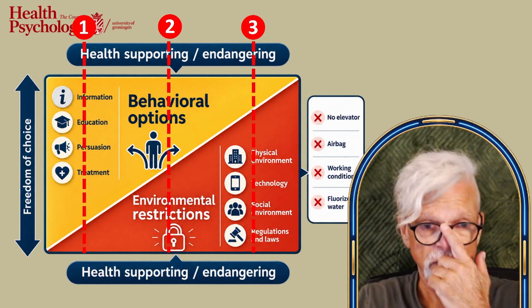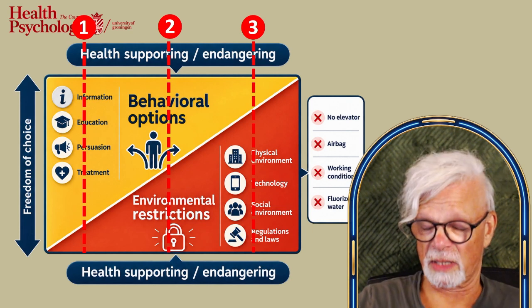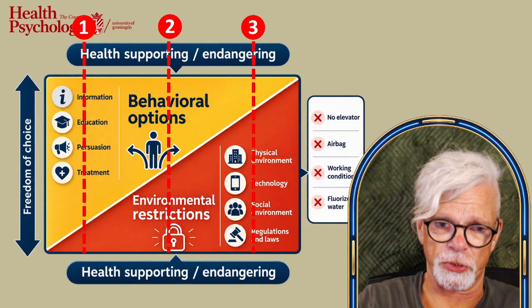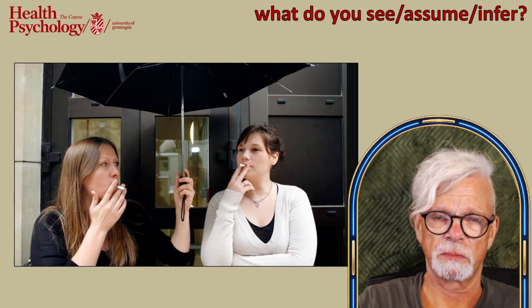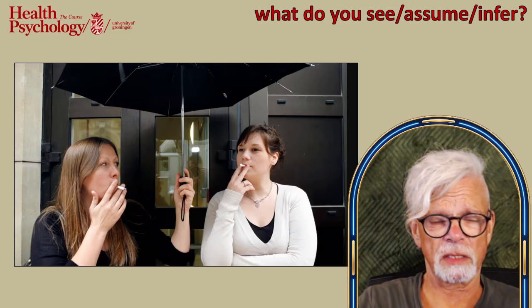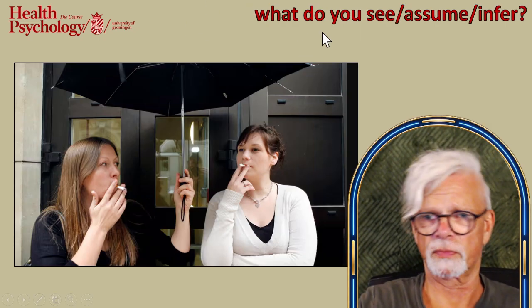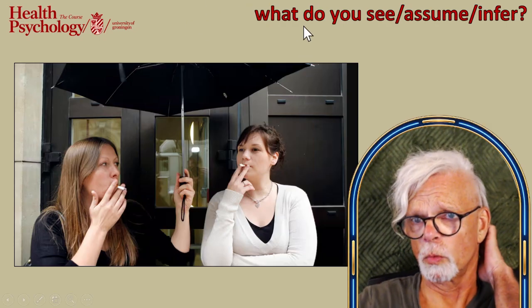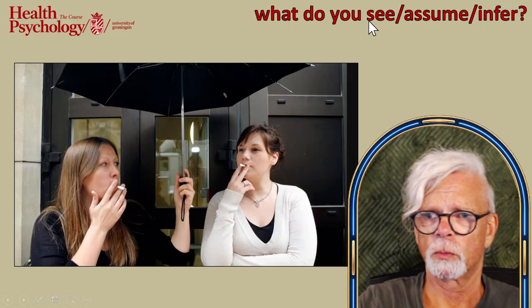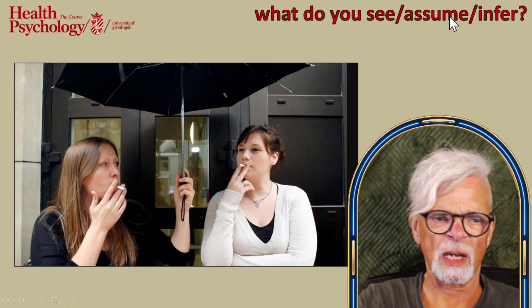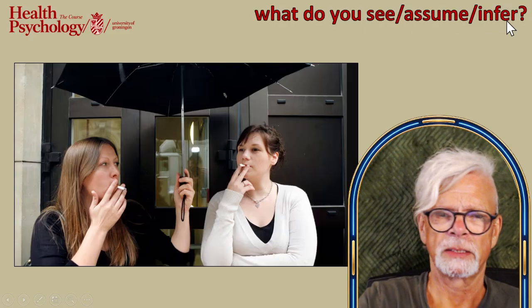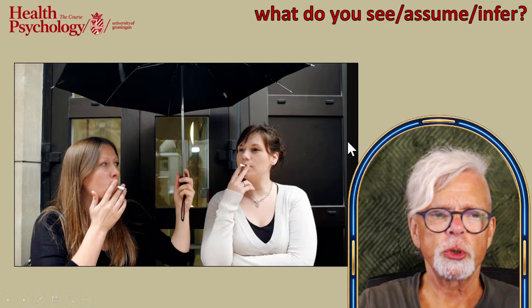Okay. One of the things I would like you to learn is to observe in health psychology. Let's take a look at this photo. We should try to make a difference between what we see, what we assume, and what we infer. So first, what do we see?